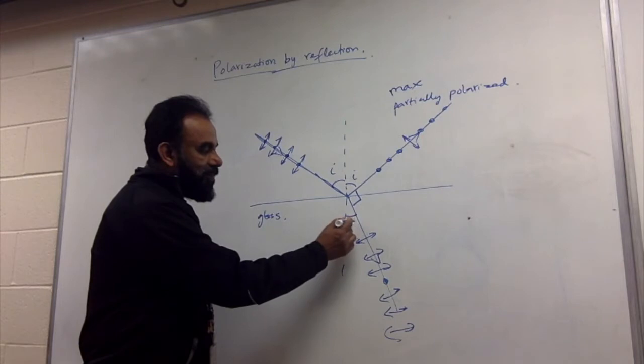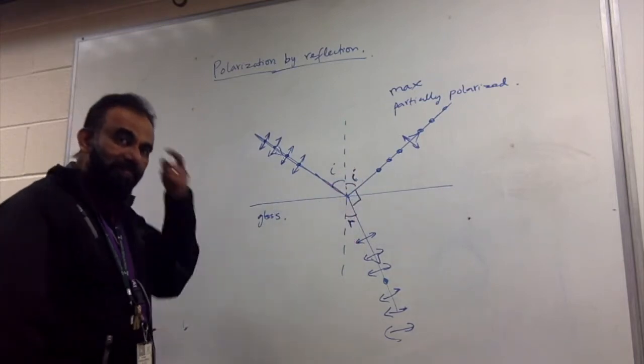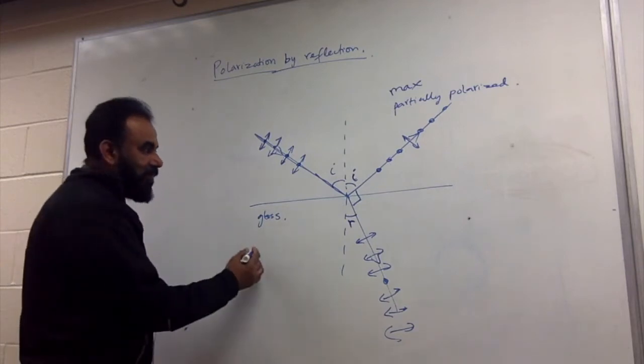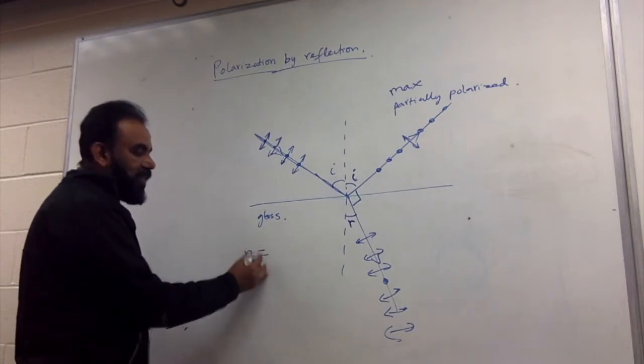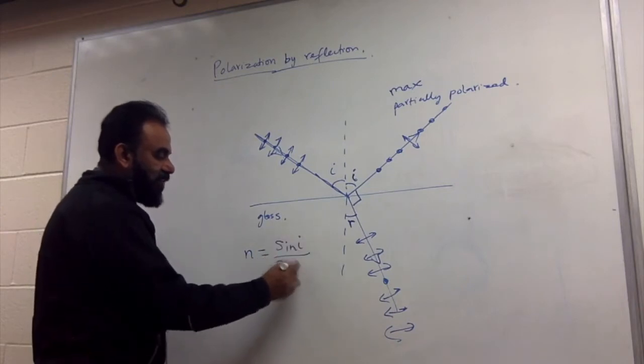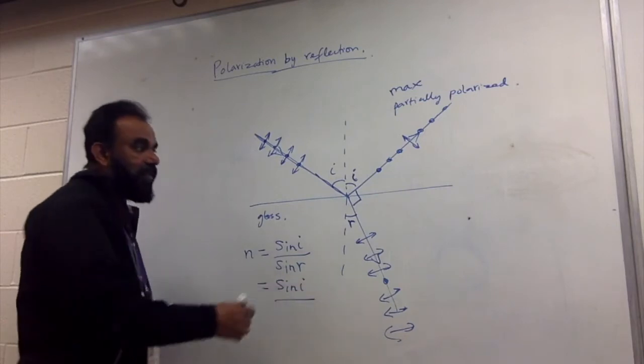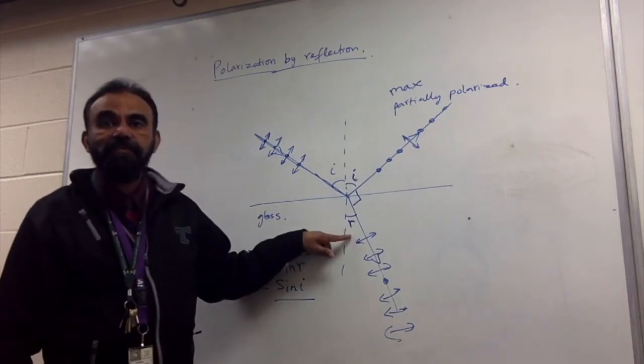So if this is I, what is R? And you know refractive index n is equal to sine I over sine R, Snell's law. So R is 90 minus I, correct?